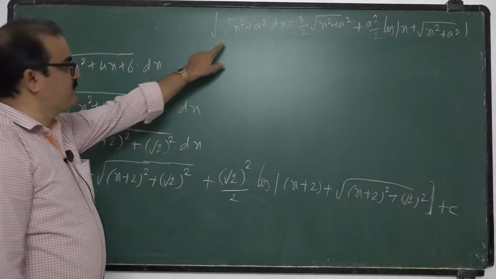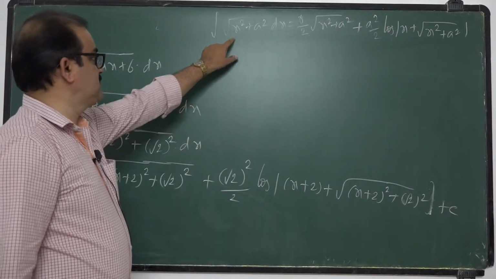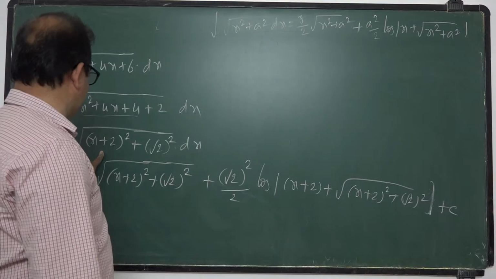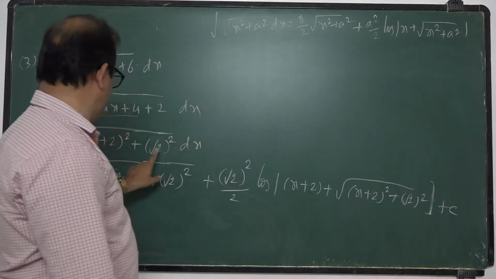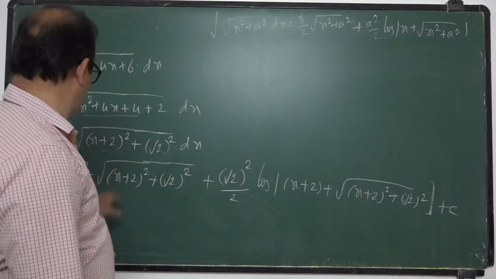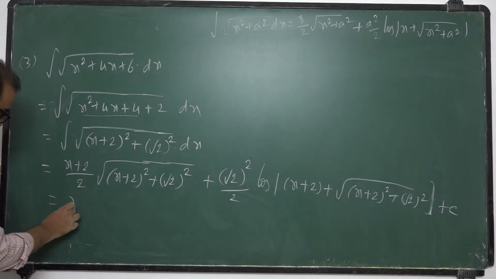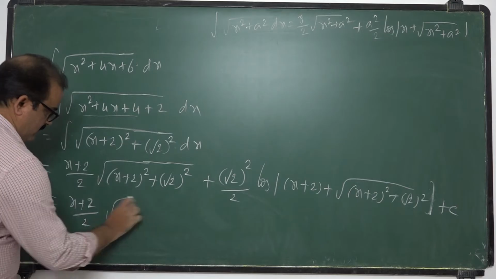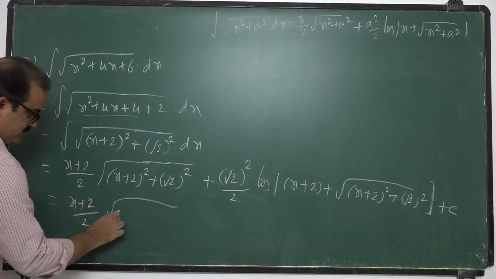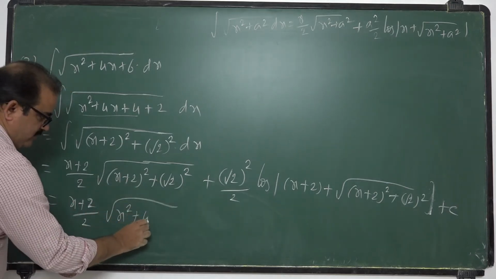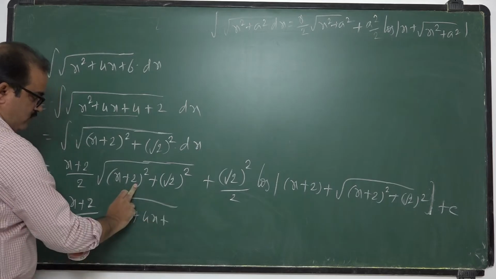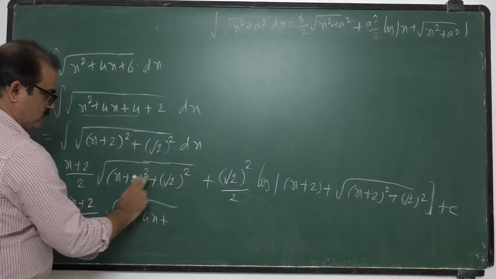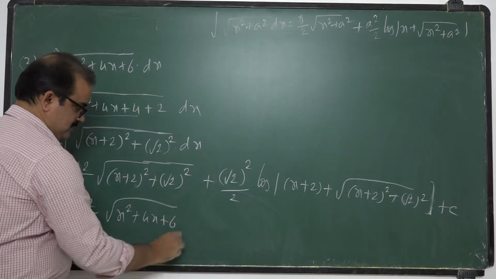You apply this formula directly. In place of x, you write x plus 2. In place of a, you write root 2. This is x plus 2 by 2 into root of, again expand it, x square plus 4x plus 4 plus 2, that is 4 plus 2, 6.